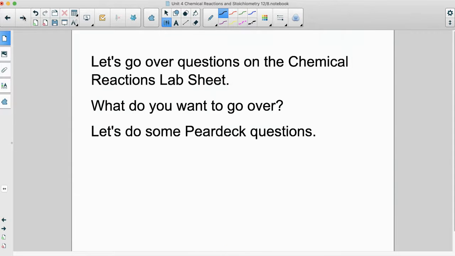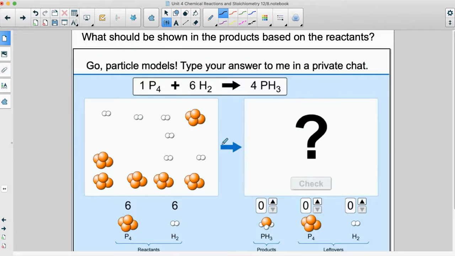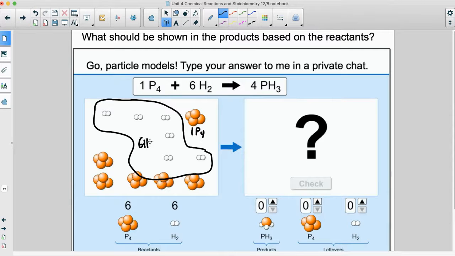Okay, so we spent some time doing some review questions of the previous day to see how people are doing. So first of all, this question shows a particle model based on this balanced equation, and the question asks what should be shown in the products here. So if we take a look, we know that 1 P4 reacts with 6 H2, and that will give us 4 PH3s.